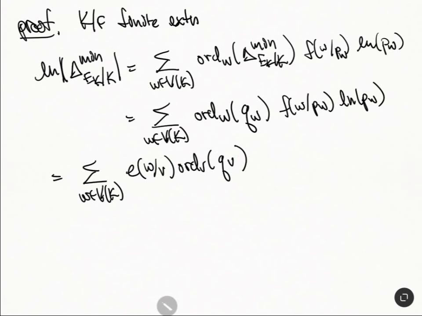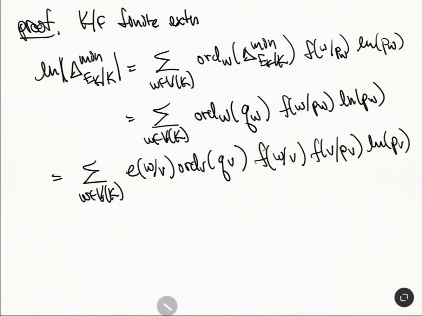Because once it has a Tate parameter at a place of bad reduction, all the places above it will have the same Tate parameter. And then this can be broken down as well. So this will be f_{W over V}, f_V over P_V, and P_V is the same thing as P_W, ln of P_V. So these are the same thing.